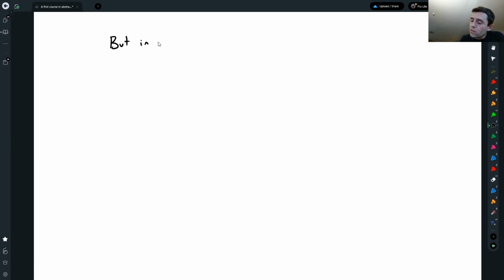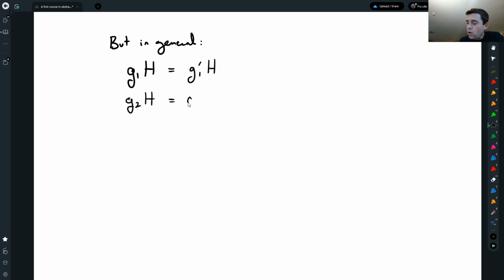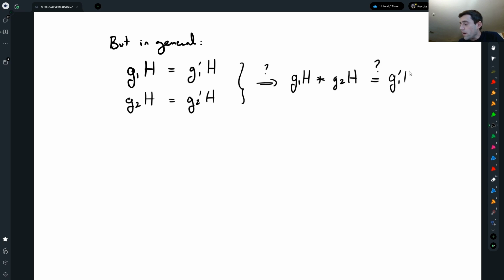In general, suppose that I have the coset g1H, and that is the same coset as g1 prime H, and that we have g2H, and that is the same coset as g2 prime H. Does this imply in general that g1H star g2H is the same as g1 prime H star g2 prime H?